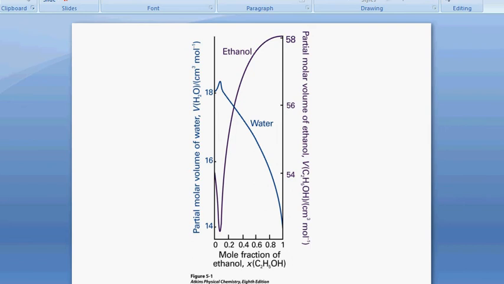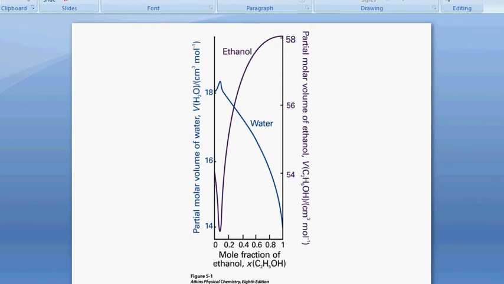So when I have pure ethanol, we are at this point on the graph, and this says partial molar volume of water. This is the curve that represents the partial molar volume of water. Pure water is roughly 18 milliliters per mole, and in ethanol it's roughly 14 milliliters per mole.